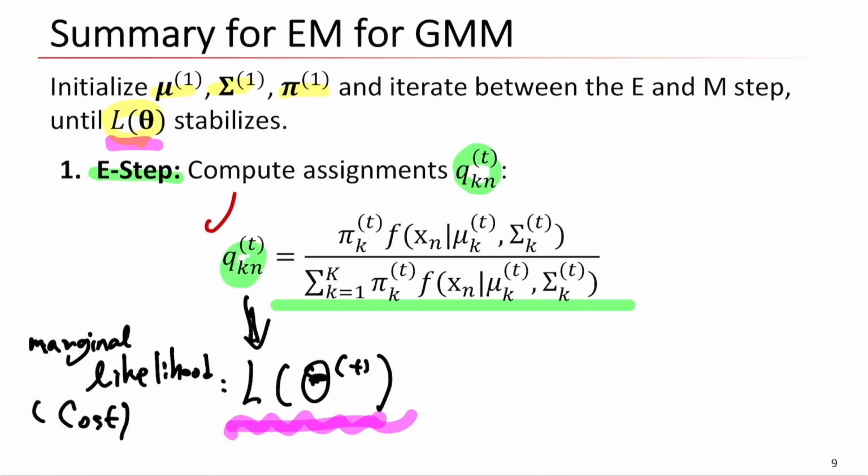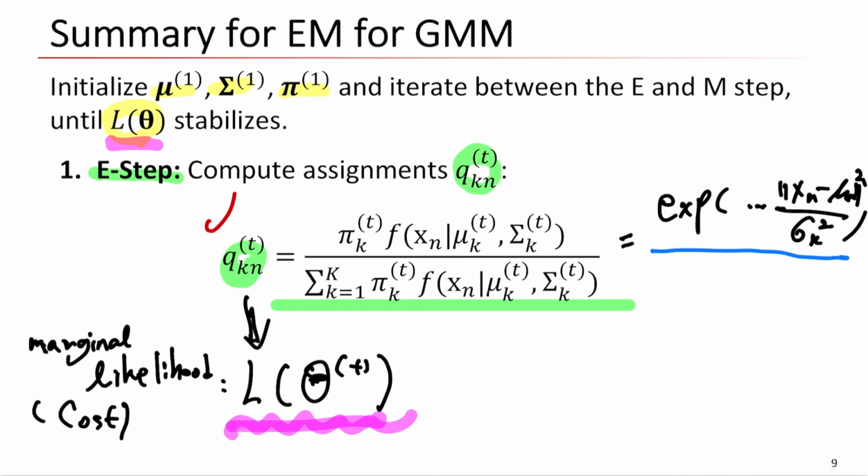So what does it mean? If you see this one, QKN, actually this term was the exponential term, right? With some constant, with the sigma square, xn minus mu k, something like that.